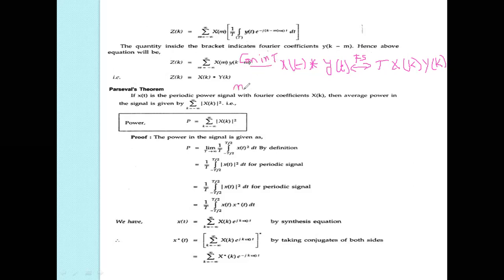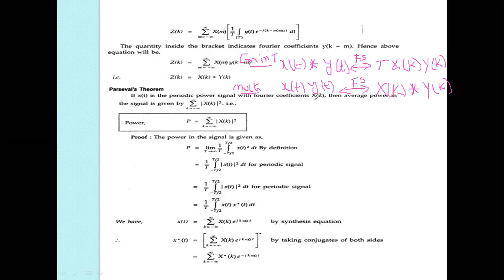Now the modulation or multiplication. So the time is a product, the multiplication y of t x of t. Its Fourier series in frequency is a convolution. Frequency is related with the convolution. So inverse: time is convolution, frequency is product.